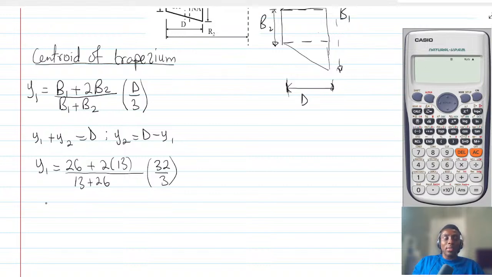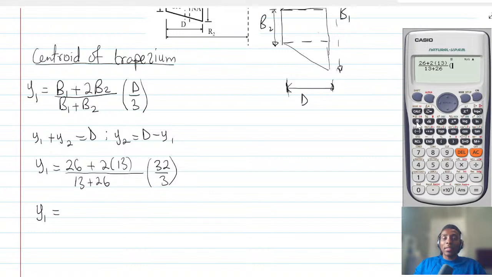So y1 will be what? If you put everything inside, y1 will be 26 plus 2 multiplied by 13, divided by 13 plus 26.